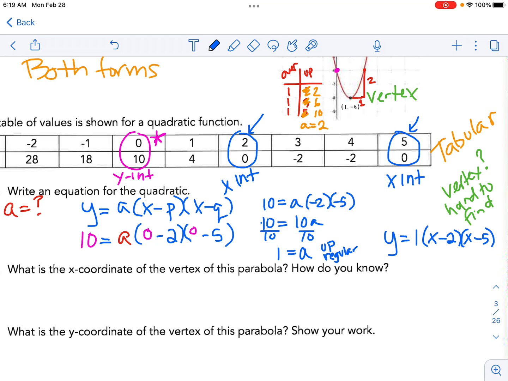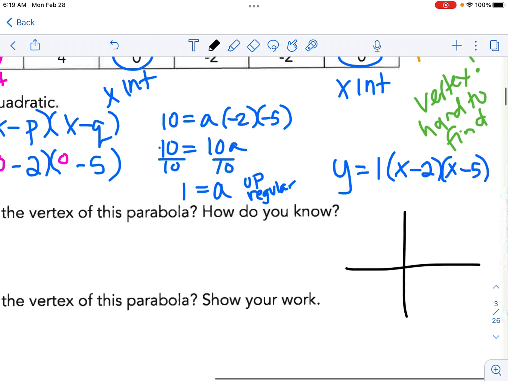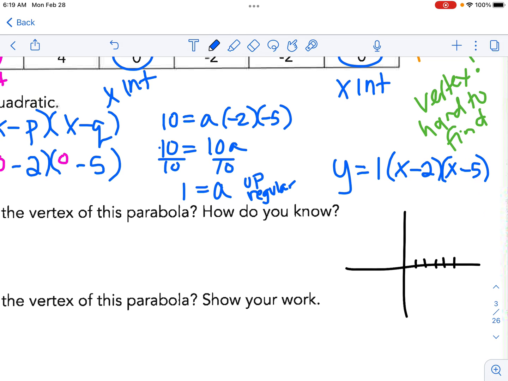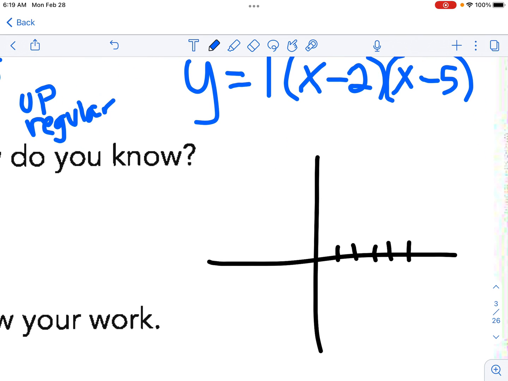Okay. And so now we know that those are the intercepts. So a quick little sketch here, just because I'm a visual person, I don't know about you, but so 1, 2, 3, 4, 5, we've got intercepts at 2 and 5.